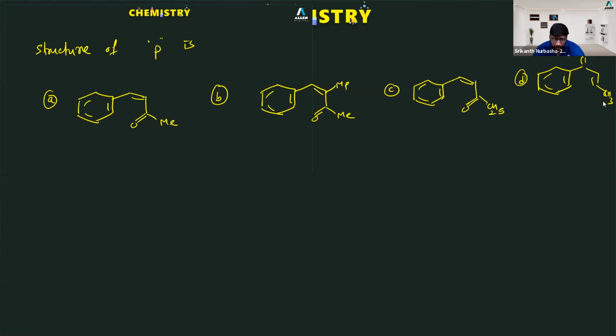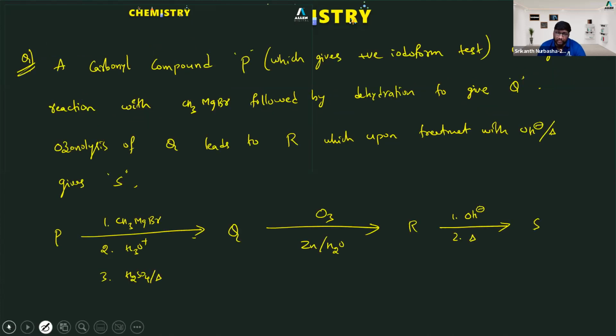If you choose the structure of P correctly with respect to all these reagents, it undergoes reaction with CH3MgBr followed by dehydration to give an olefin Q. Ozonolysis of Q leads to R, which upon treatment with OH minus upon heating, what is that reaction?